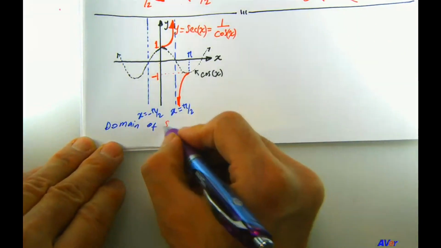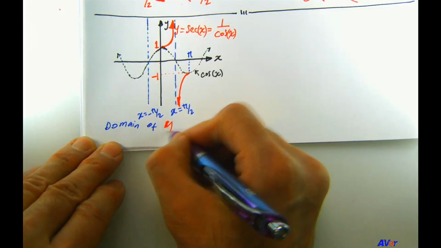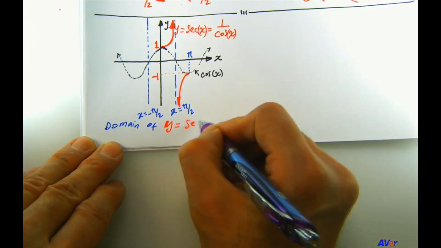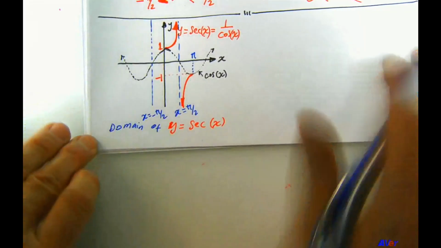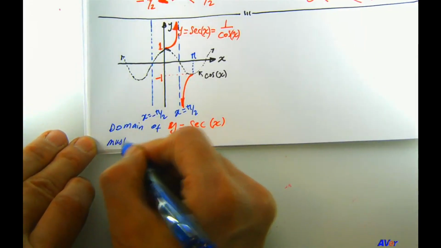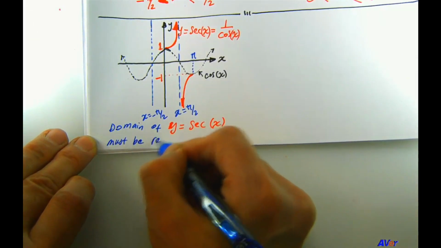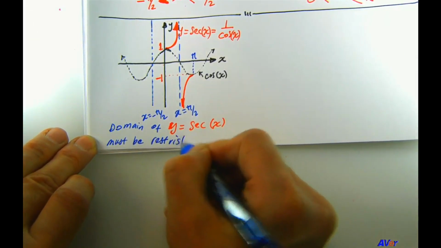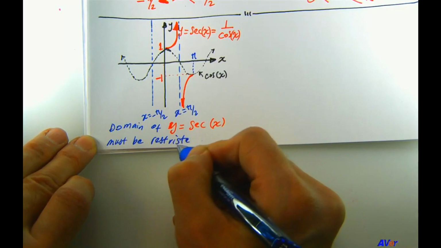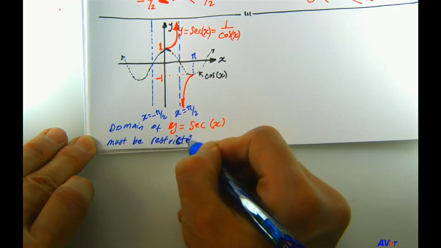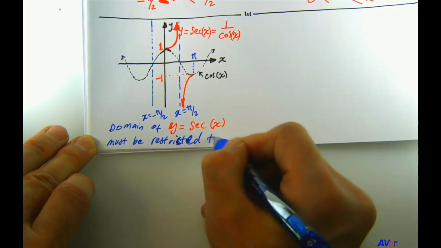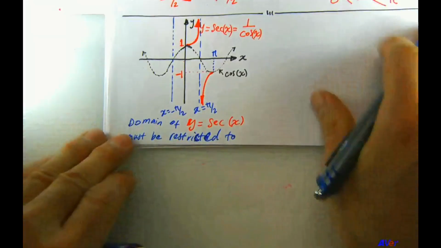Domain of y equals secant of x must be restricted to these two.